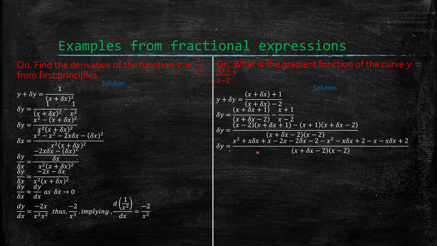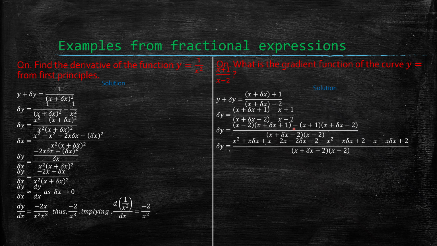Now when you are expanding, this is going to become x squared, as you see here, plus x small change in x, plus x alone. Then this negative 2 is also going to multiply this expression, whereby we're going to have negative 2x minus 2 small change in x minus 2.